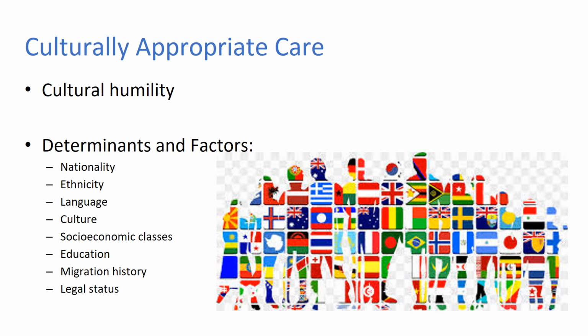Cultural humility is understanding that differences in cultures exist and working to understand the other's background and perspective, and ultimately working together. Effective care involves negotiating a wide array of determinants to achieve the common goals of healthcare. Some determinants are listed on the screen, but this is not by any means exhaustive.